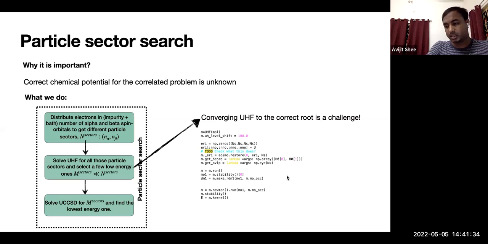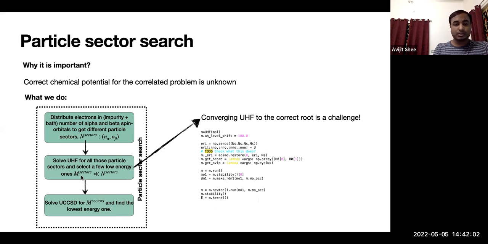If not, then we rotate those orbitals to get a positive definite Hessian, choose that as a starting guess, and feed it into a Newton solver or second order SCF method, and then again check for stability and get the total energy.